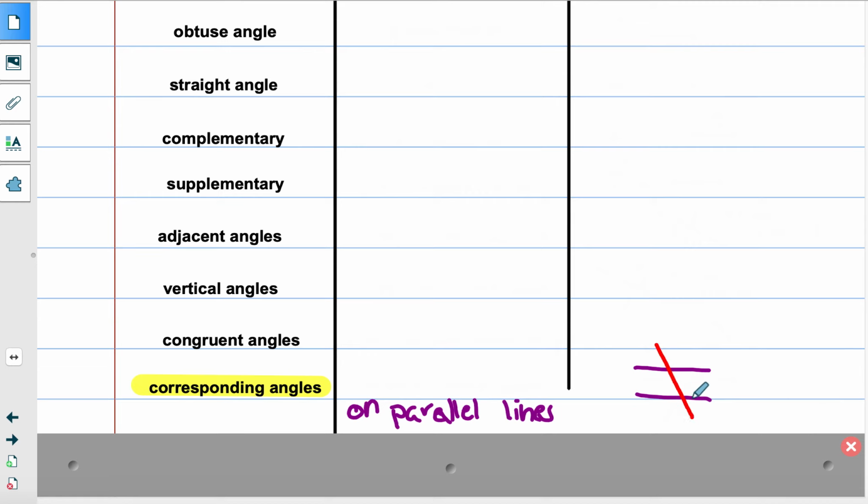Let's draw that transversal. Okay, so let's do a different one. Let's do the bottom right here. So it's on the bottom of the parallel line, and that same one would be on the bottom of this parallel line. Those would correspond. The thing about corresponding angles, just like vertical angles, they're also the same size, so they're congruent.